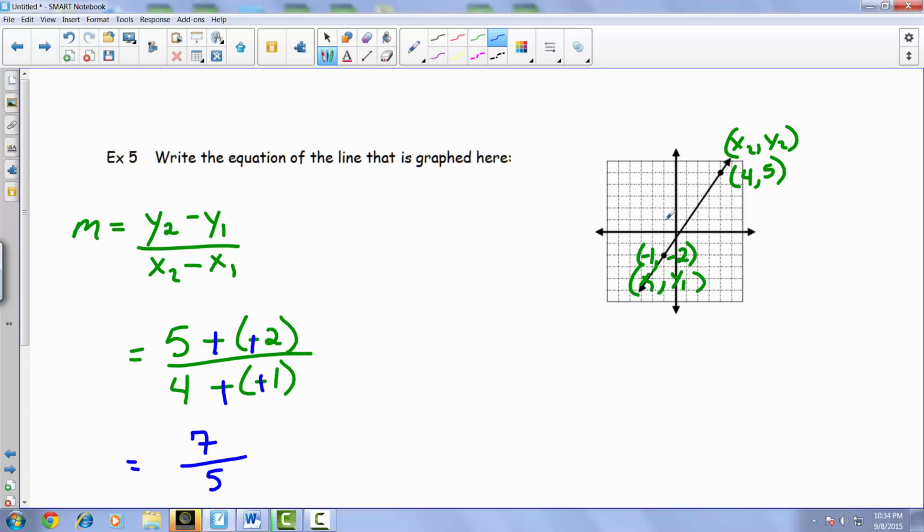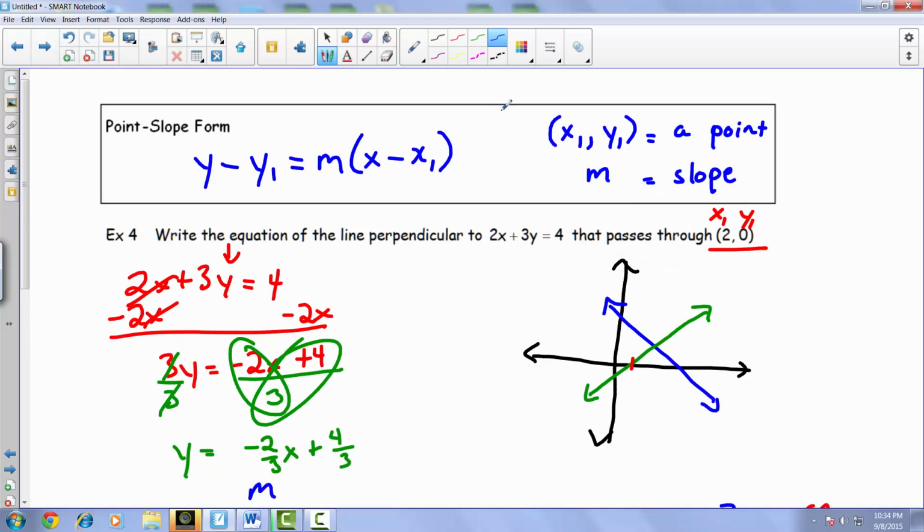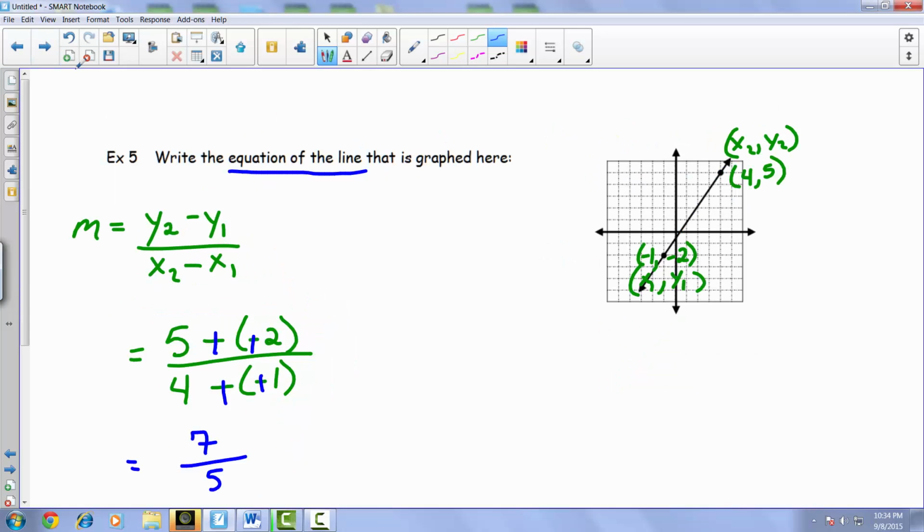Now, that's all great. We found our slope, but now we actually still have to write the equation of that line. Well, if you recall back from point slope, anytime that you have a point and a slope, you can go ahead and use point slope. We are actually lucking out.